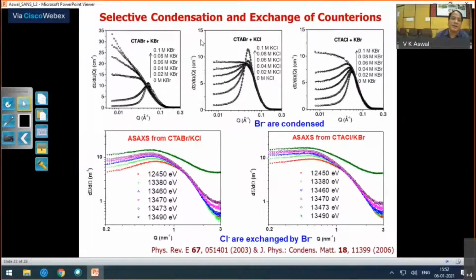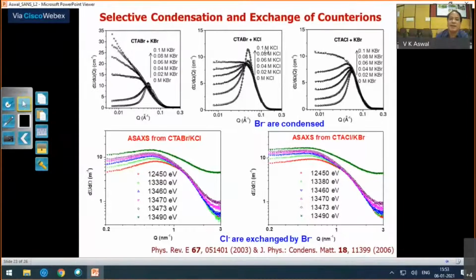In the research problems, first, you have these counterions, bromide and chloride counterions. There is selective condensation. Particularly if you take this system CTABr and add some bromide salt, you have a strong change in the scattering pattern, where you have these spherical structures going to rod-like and very large structures. This scattering buildup is because they form very large structures.